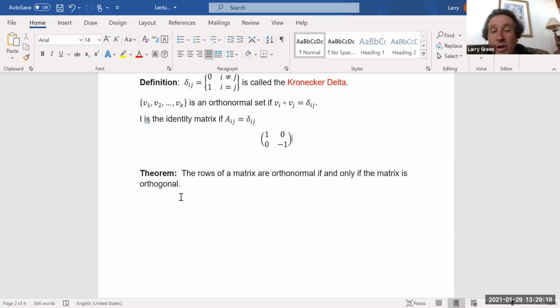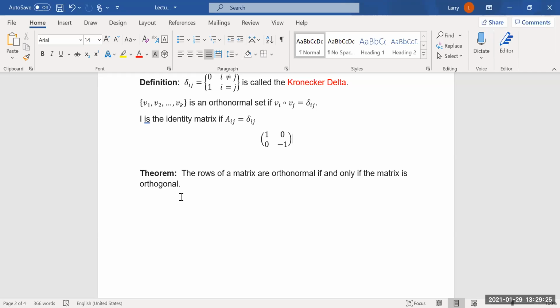The hint is one word difference. I'm thinking transpose. Yeah, because the definition of orthogonal is the columns must be orthonormal, right? And this says that rows are good enough. So this theorem is saying that if the rows of a matrix are orthonormal, then the columns of the matrix are also orthonormal. Does that make sense?